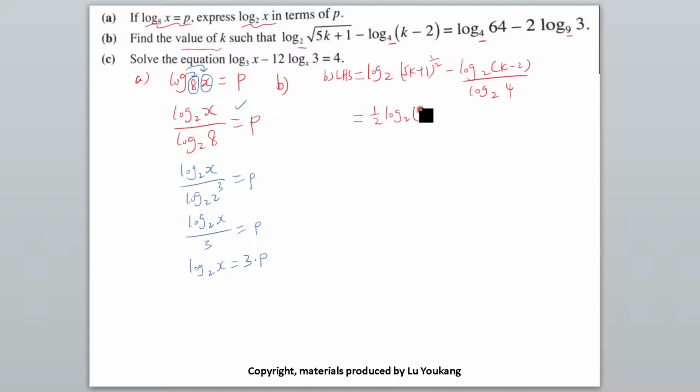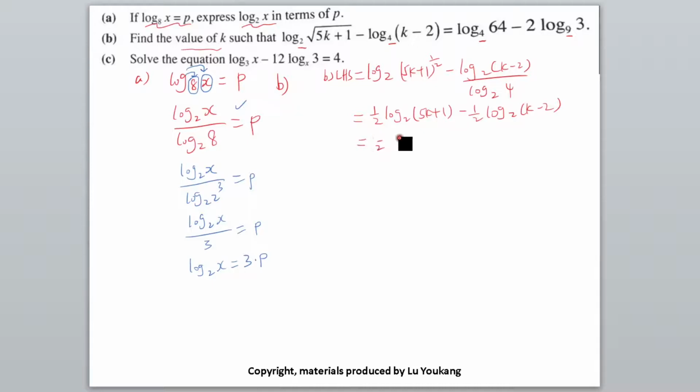So let me continue to solve for my LHS first. So my power half, I can bring it down to be in front of log 2. And for the second term, log base 2 of 4, I get 2 in the denominator. Therefore I get half.